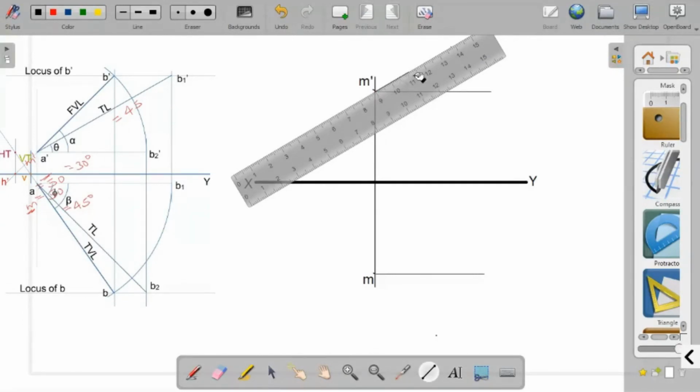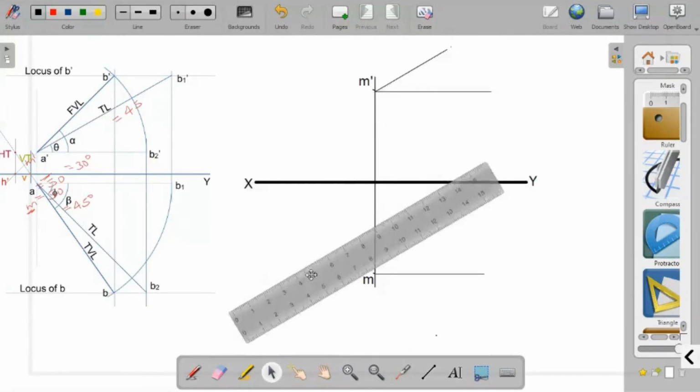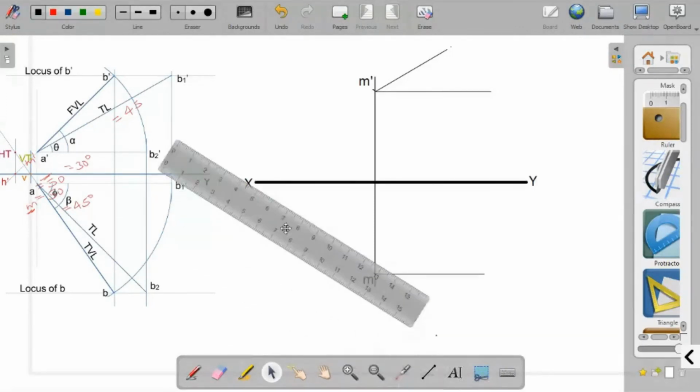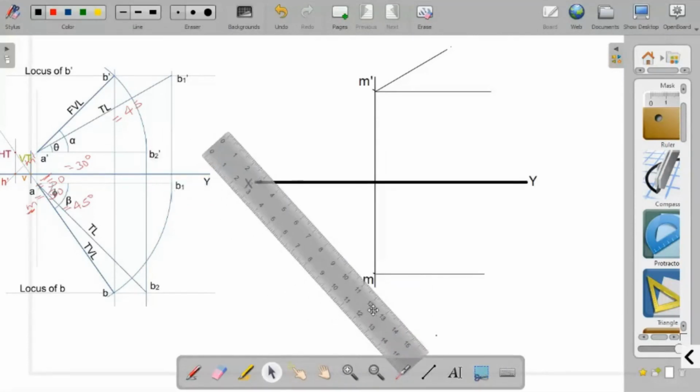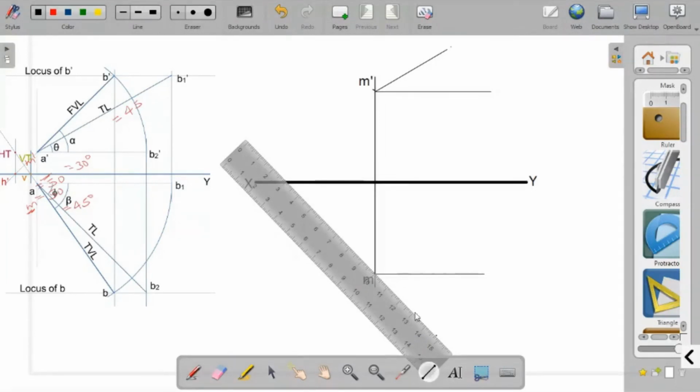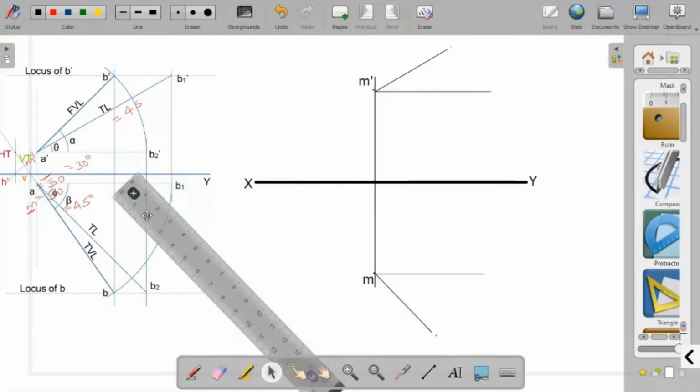From 9 to 13.5 it is 45. Here also, to 14.5. So this is point B1 dash.